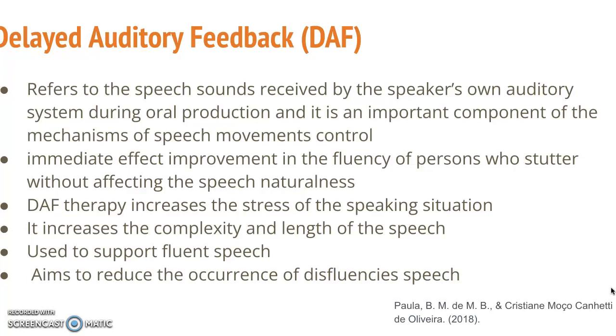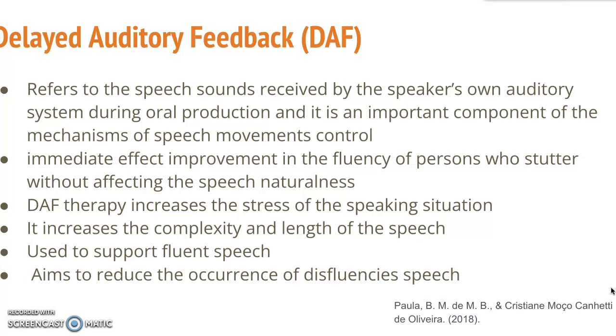Specifically, delayed auditory feedback refers to speech sounds received by the speaker's own auditory system during oral production, and it is a significant component of mechanisms for speech movement control. Delayed auditory feedback has an immediate effect on the fluency of the person who stutters or experiences disfluencies in their speech without affecting the speech naturalness.